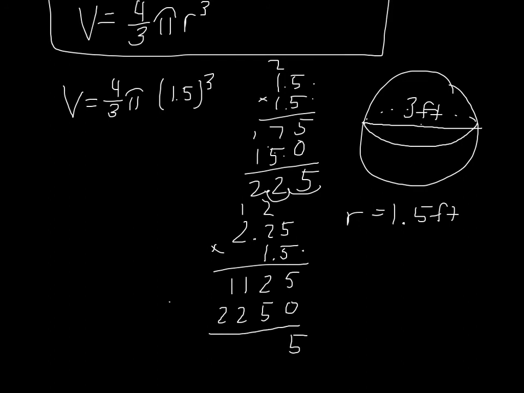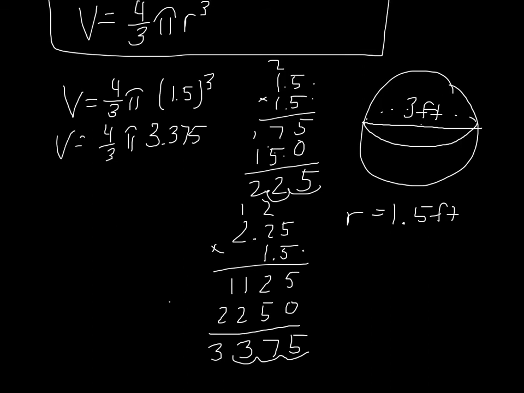So I would get a 5, a 7, a 3, and a 3. Bring it back 3 spots. Okay, so I've got 3 and 375 thousandths times pi times 4/3.